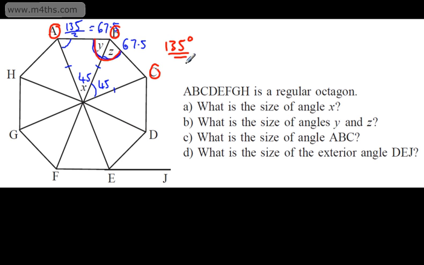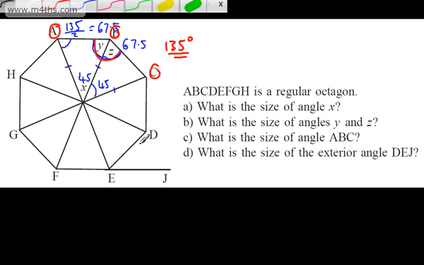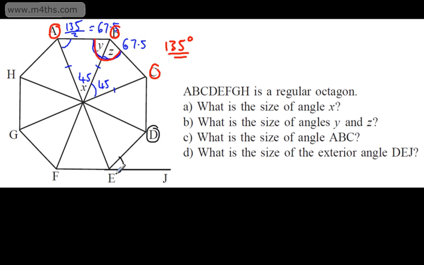We then want to find the size of the exterior angle. Well, the exterior angle is this one, which is DEJ. So whatever we've got in the middle is the angle we're going for. So if we see E in the middle, that's where it's at. And we know what this is going to be. This is simply going to be the 45 degrees. That is the exterior angle.